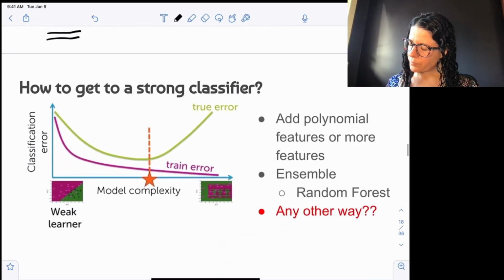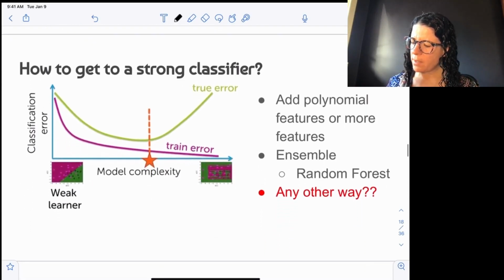So how do we go from a weak model to more complex models? For example, if you have a linear model, you can add polynomial features, add more features. If you have one tree, you may want to have an ensemble of trees, an average of trees.